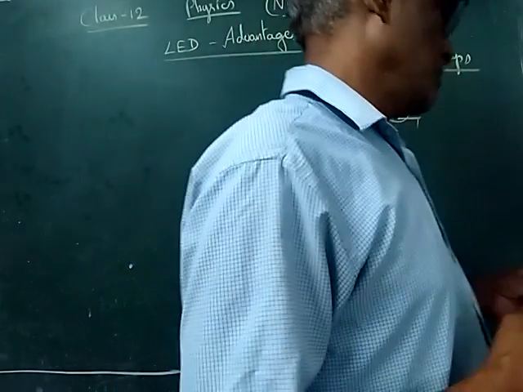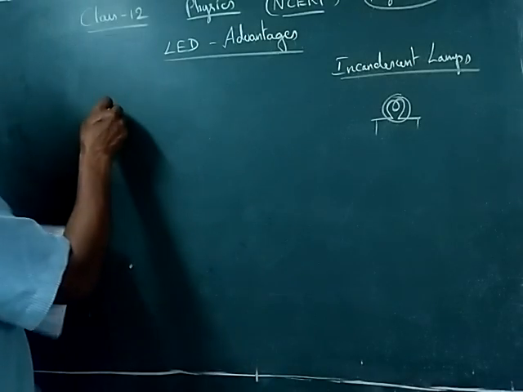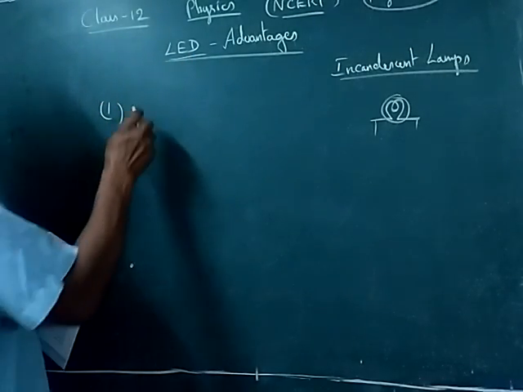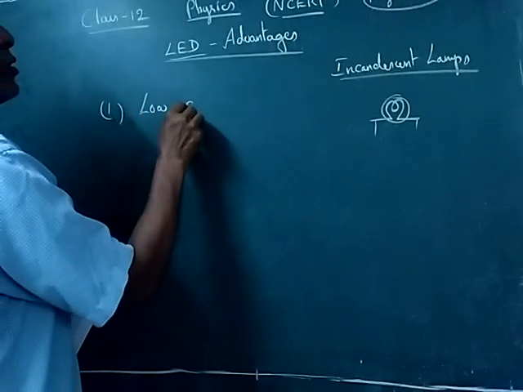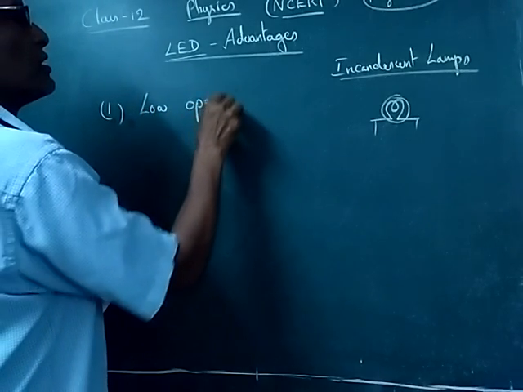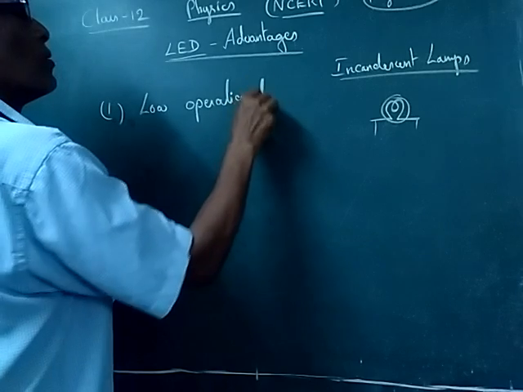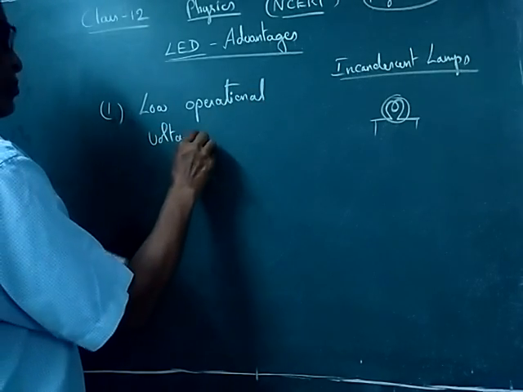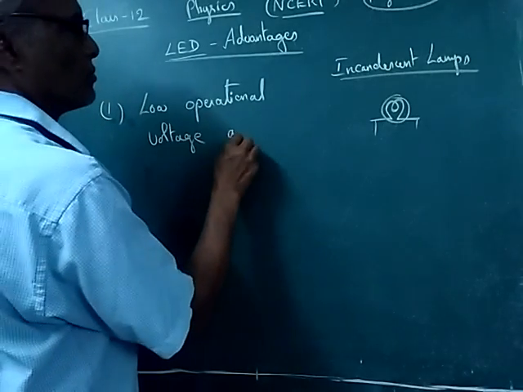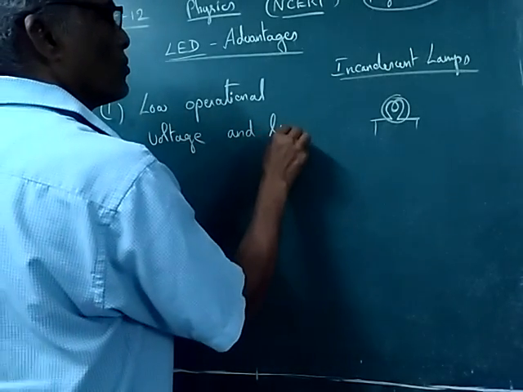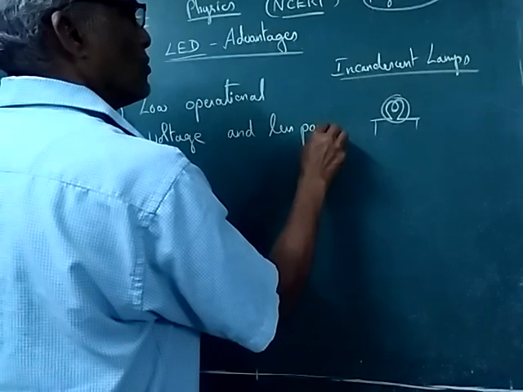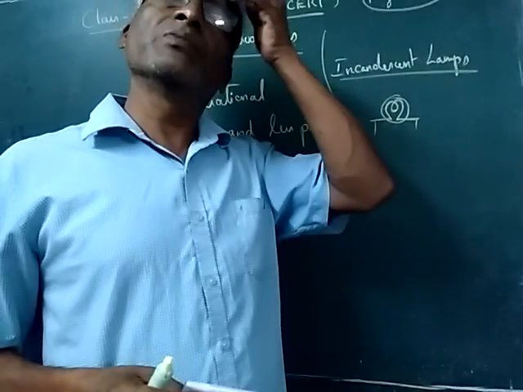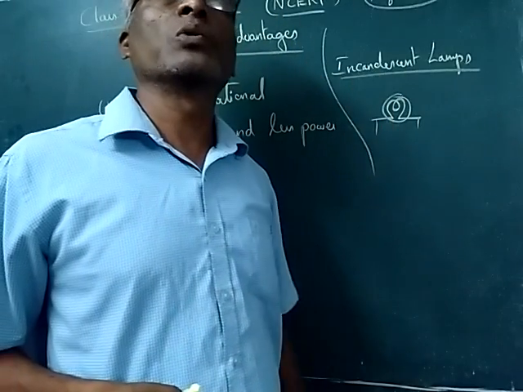So the first point is, if you use LED, low operational voltage and less power. As I already told you, incandescent lamps work with AC supply 230 volts 50 Hz.